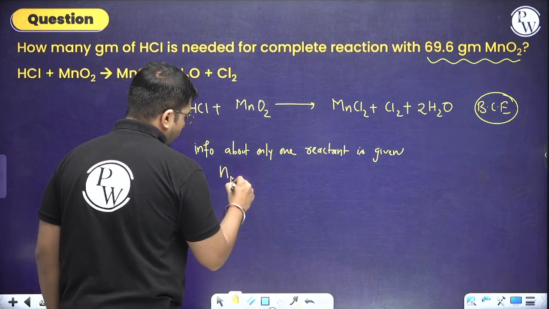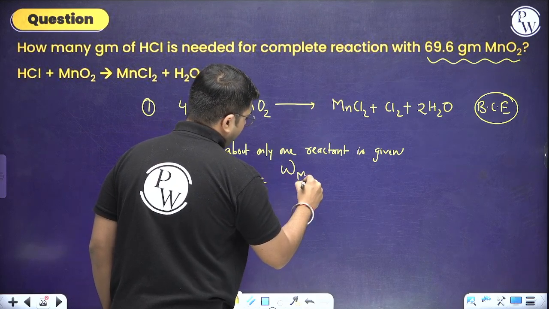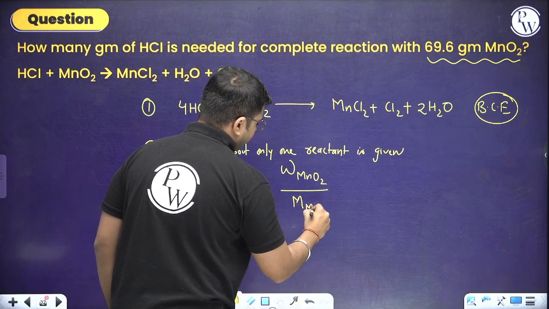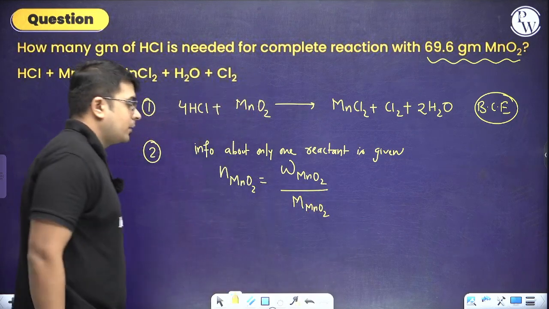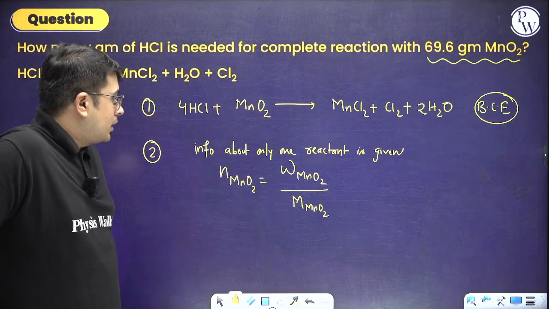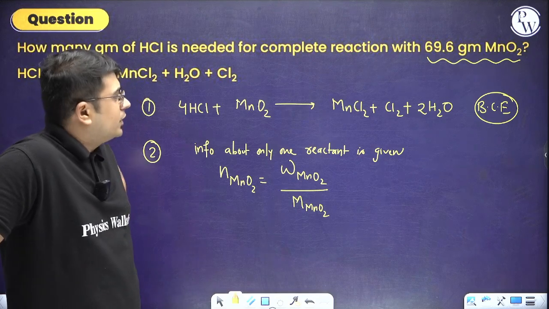So number of moles of MnO2 will be equal to W of MnO2 given divided by the molar mass of MnO2. Let's say Mn has mass 55, because it's not given, we can take it as 55.